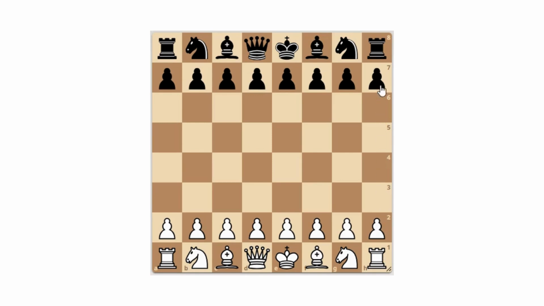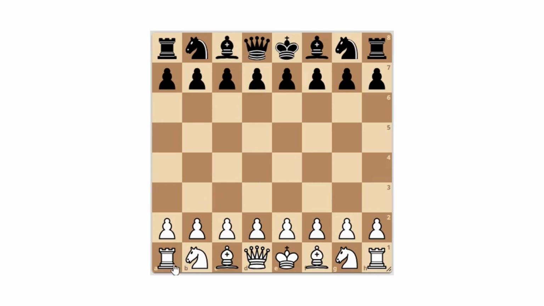So this 1 to 8, this side, this is called rank. Okay, so 1 to 8, this is called rank, and A to H, this is called file. So that means to identify any square, we have to take help of rank and file number.